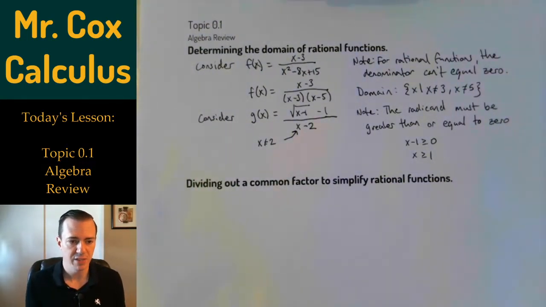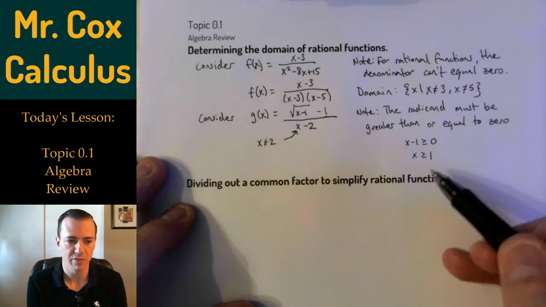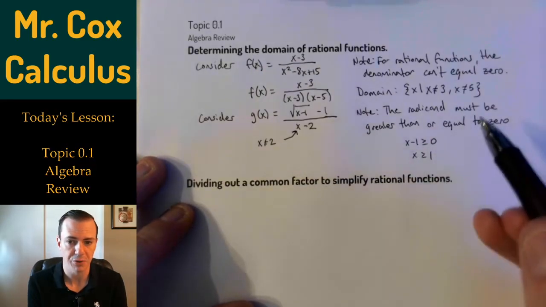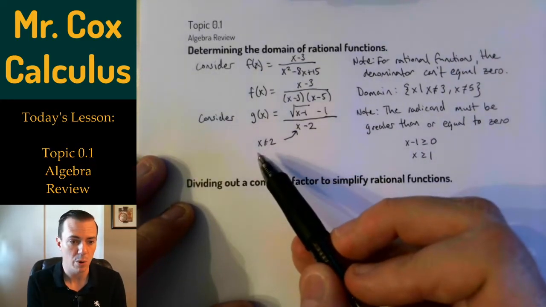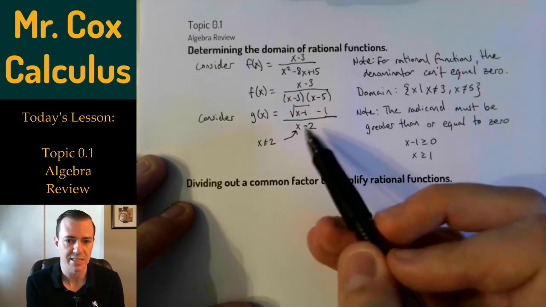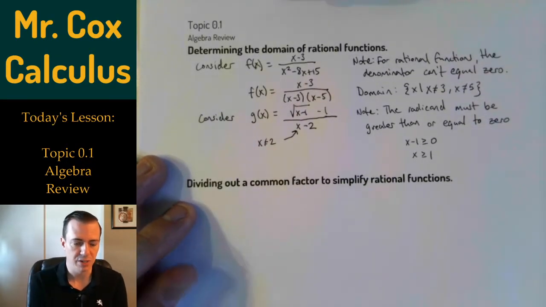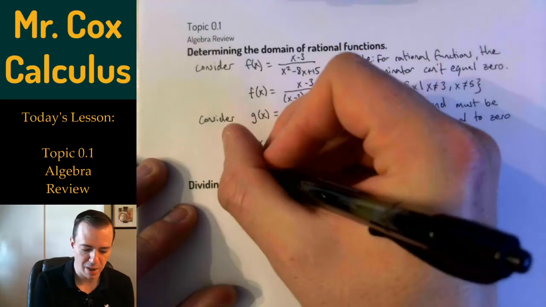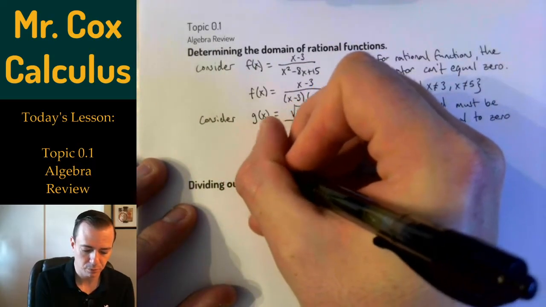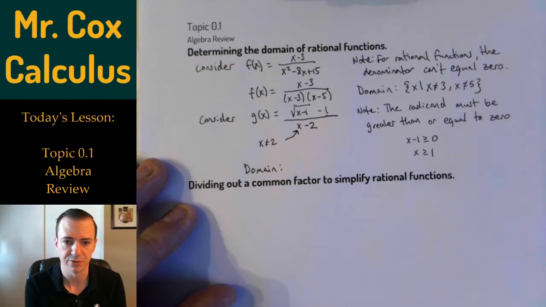So the domain of this particular function, I need for all of my x values to be greater than or equal to 1, but I also need to throw out the value x equals 2 because that makes a 0 denominator. And so to write the domain of this function, I'm going to use interval notation for this one.